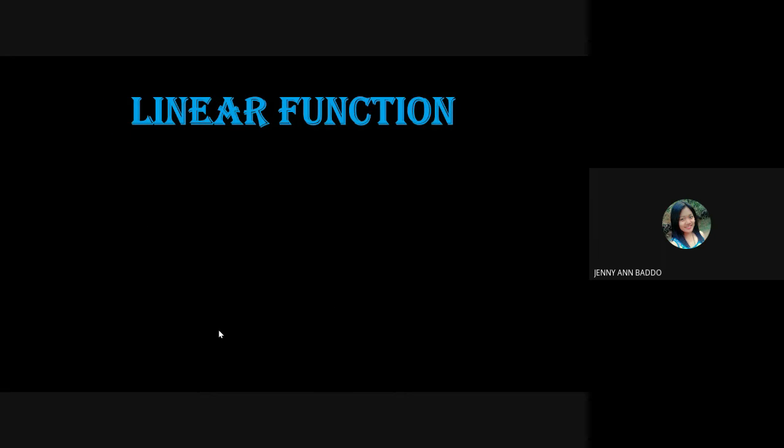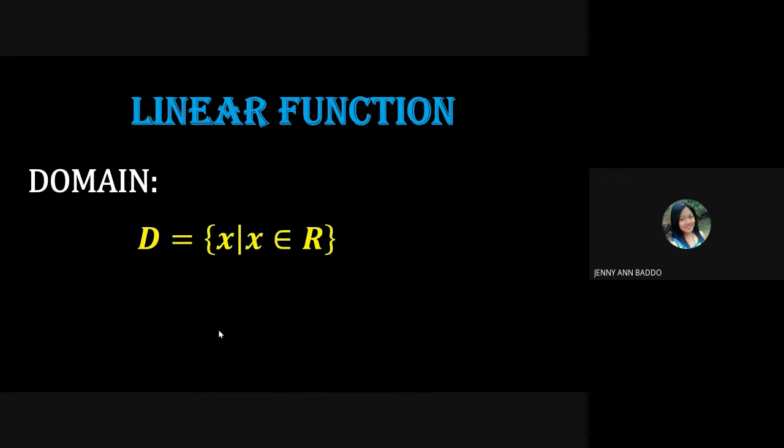Now, given a linear function, if we're going to graph it, what is formed is a line. Therefore, if we're going to consider its domain and range, the domain can be any number that is found on the x-axis. Or in symbols, we have D equals x such that x is an element of R, or the real numbers.